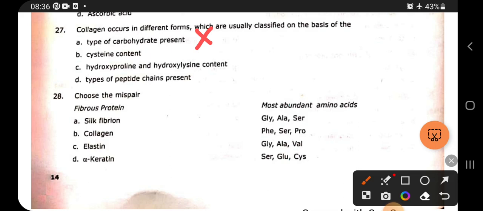Hydroxyproline and hydroxylysine content is not variable; you will find it in every collagen because hydroxylation is very much essential. If hydroxylation does not happen, there will be a problem in cross-linking because allysine residues will not be formed, and once allysine is not formed, your aldol condensation will not take place and your chains will not link together. So the option left is D.